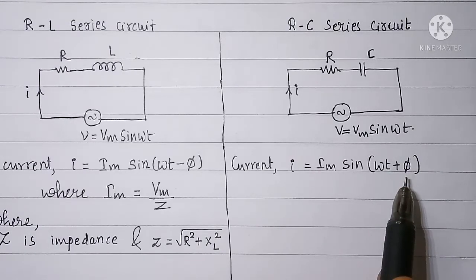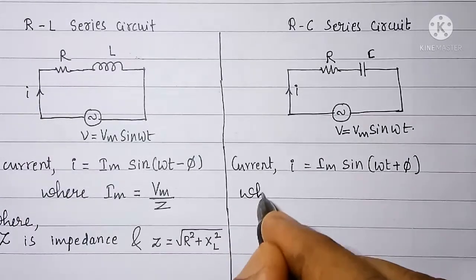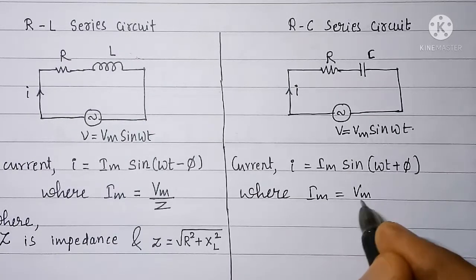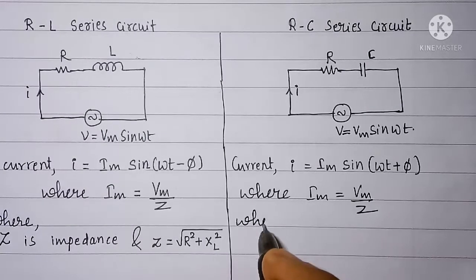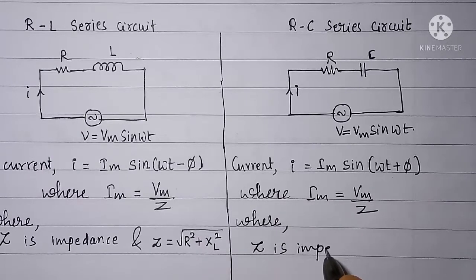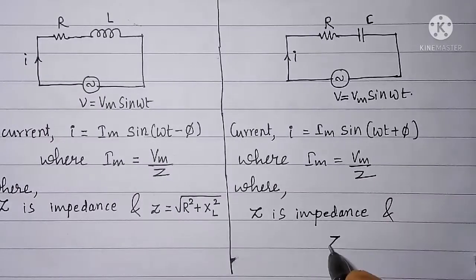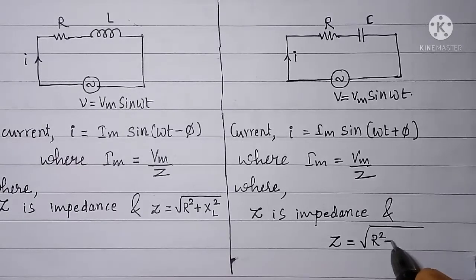So here phi is less than 90 degree, where Im is equal to Vm by Z, where again Z is impedance and impedance Z is given by under root R square plus XC square.